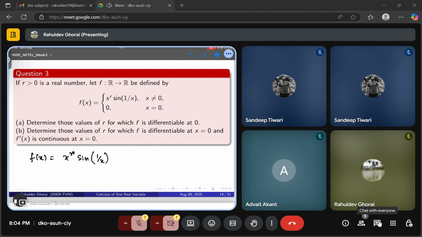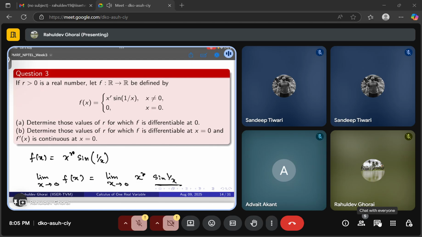So if you have this, and if you take the limit as x tends to 0, f of x will be the limit as x tends to 0 of x to the power r sine of 1 by x.